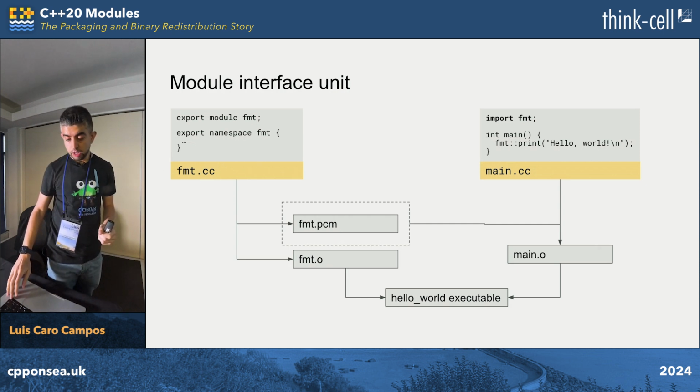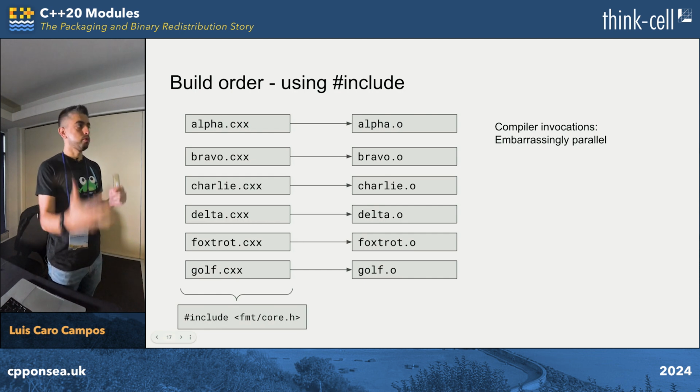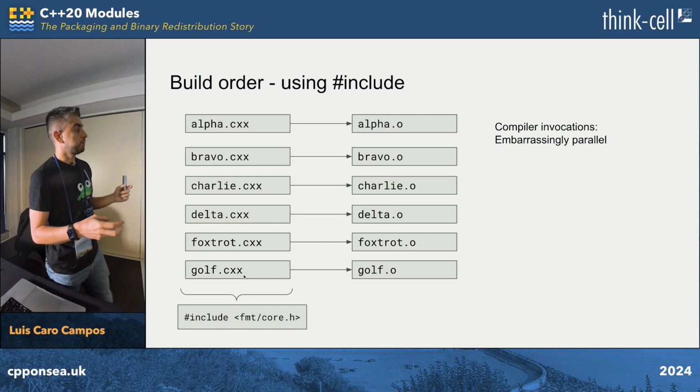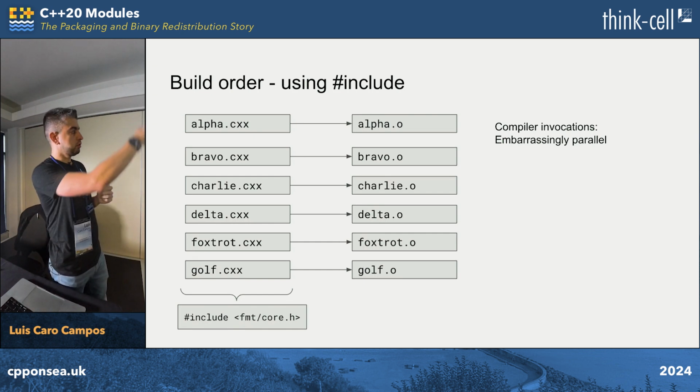I mentioned earlier that one of the biggest hopes for modules is improved compilation times. At the moment, let's say we have a project, and on the left we have all the C++ files, and all of them are doing #include fmt/core.h. So there's no dependencies between these files at all.